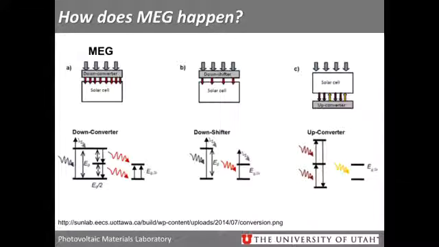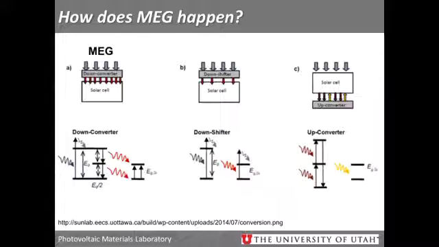A few ways that this can happen is you can have one higher energy photon absorbed that relaxes radiatively between 2 intermediate states and emits 2 lower energy photons that are then absorbed by a third material.